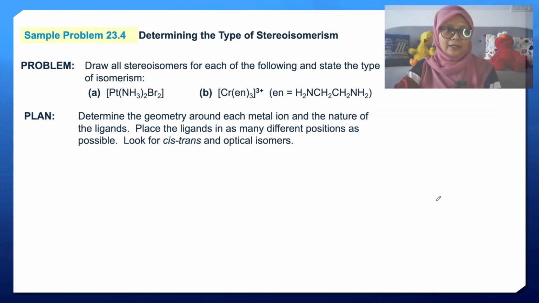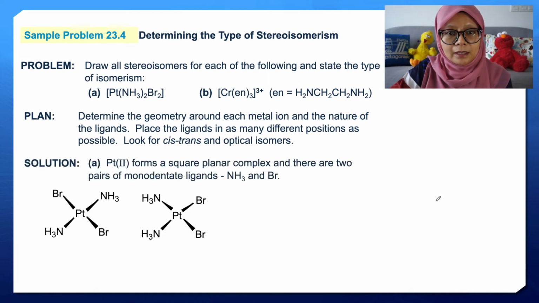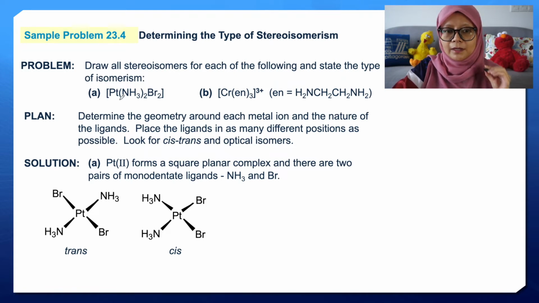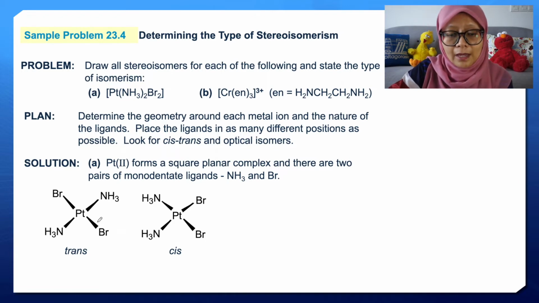Other than that, I have a sample problem here, 23.4. The problem is you need to draw all stereoisomers for each of the following and state the type of isomerism. For the first step, you need to draw first and determine what kind of isomerism these two compounds have.